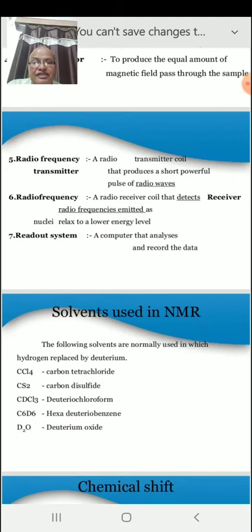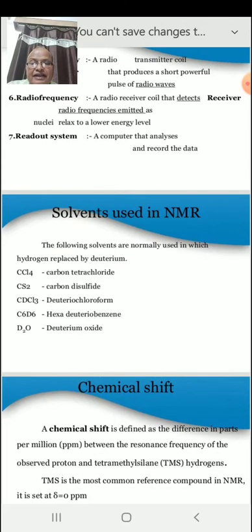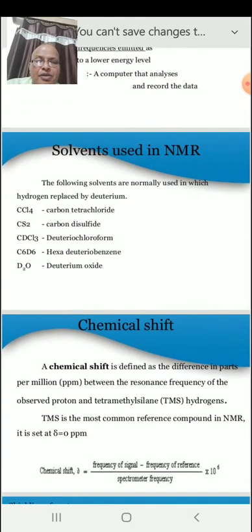The following solvents are normally used, in which hydrogen is replaced by deuterium: CCl4 carbon tetrachloride, CS2 carbon disulfide, CDCl3 deuterochloroform, C6D6 hexadeuterobenzene, and D2O deuterium oxide. The next term is chemical shift.